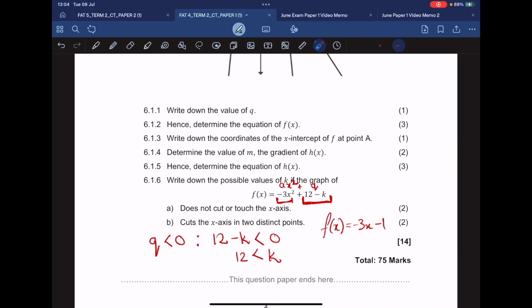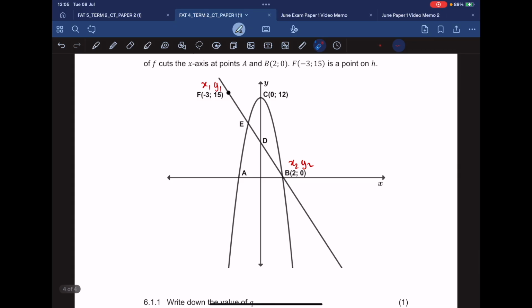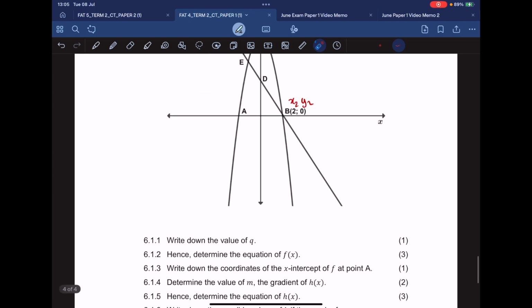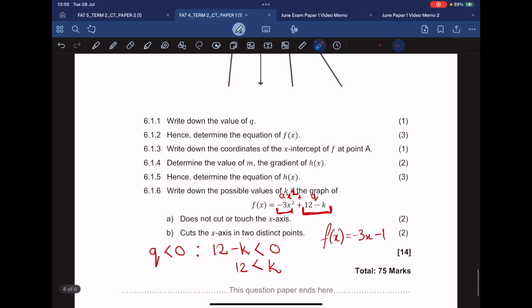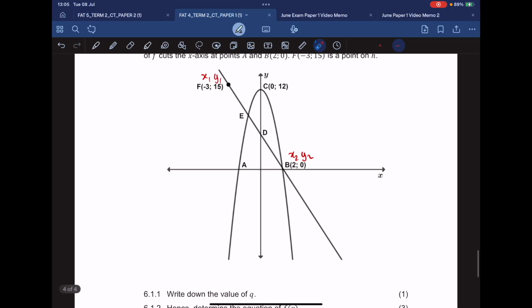But we want to know for which values of K this graph will cut the x-axis in two distinct points. So for that to be true, my Q value needs to be positive, right? Remember, in the previous question, my Q value was negative, and that resulted in this parabola not even getting to the x-axis.